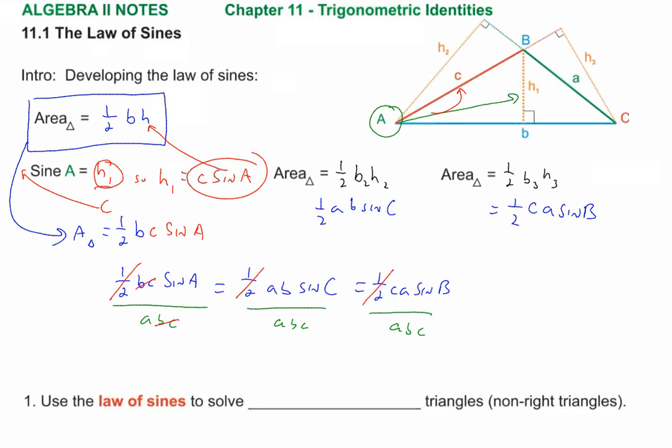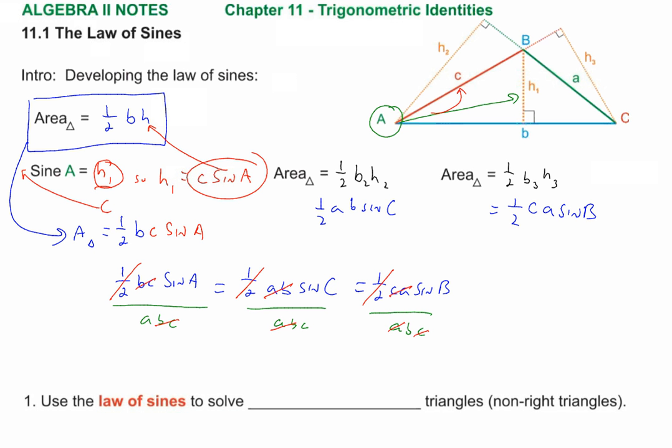And what are we left with in that first fraction? Sine A divided by A. Cross off the AB in the second one. And what are you left with? Sine C divided by side C. And cross off the A and the C in the third one. And what are you left with? Sine B over side B.